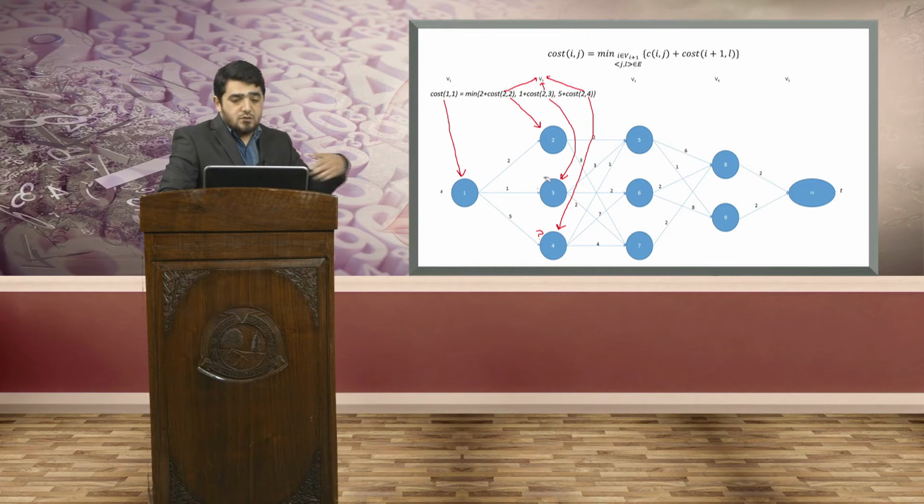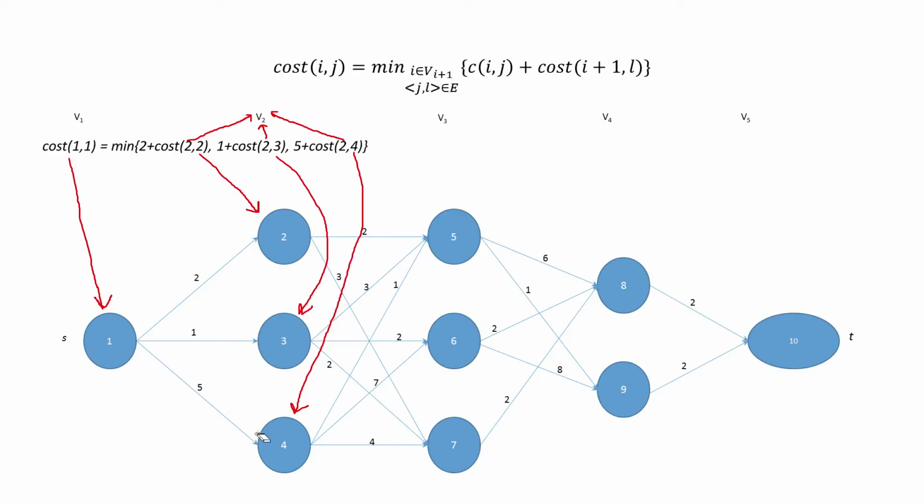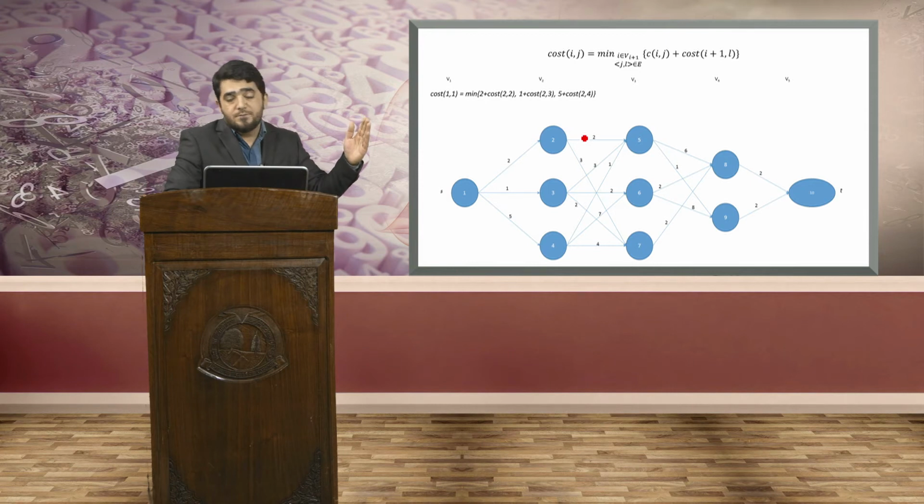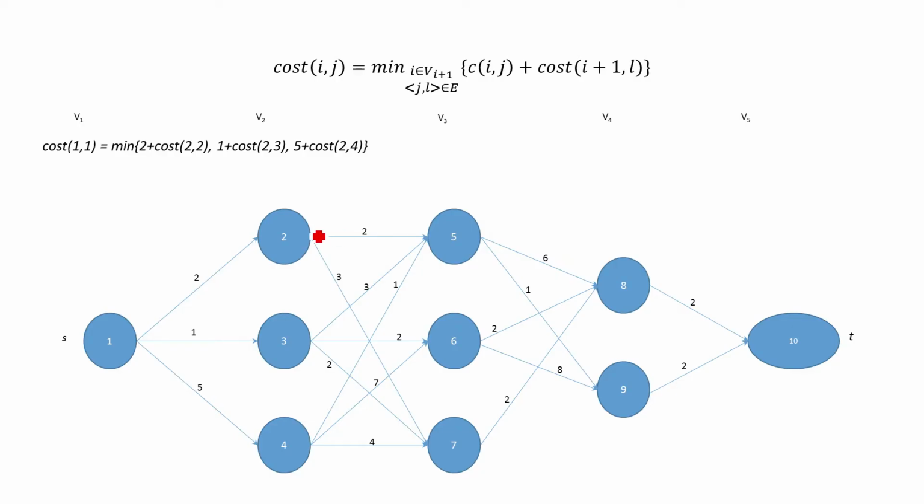Similarly, the cost of selecting node number 2 in stage number 2 would simply be the minimum of 2 plus the cost of going from node number 5 to the last stage. Why is that? Because the cost of edge 2 to 5 is 2, plus the cost of selecting 5 in the next stage to go to the last stage.